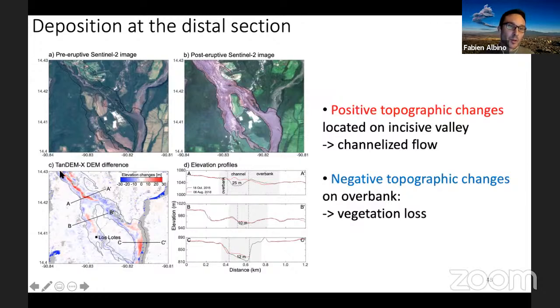You see these positive changes on the main channel, whereas you see negative changes on the vegetation. All the overbank that has vegetation, you clearly see this negative. When you do a profile, you have the transition of positive change, so deposition on the main channel, and then some negative changes on the overbank.